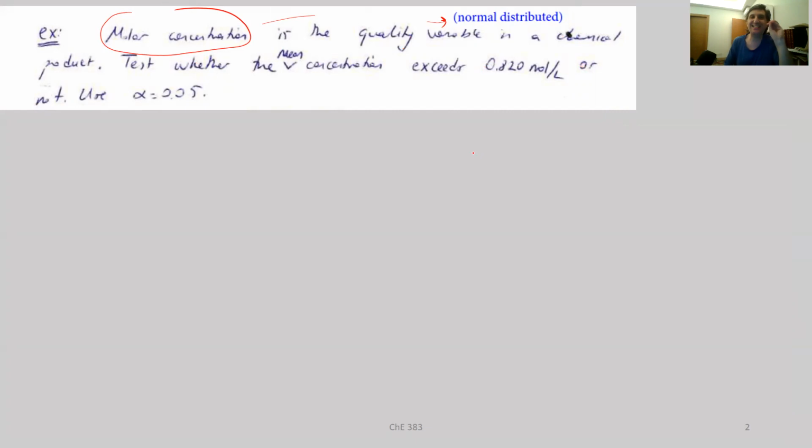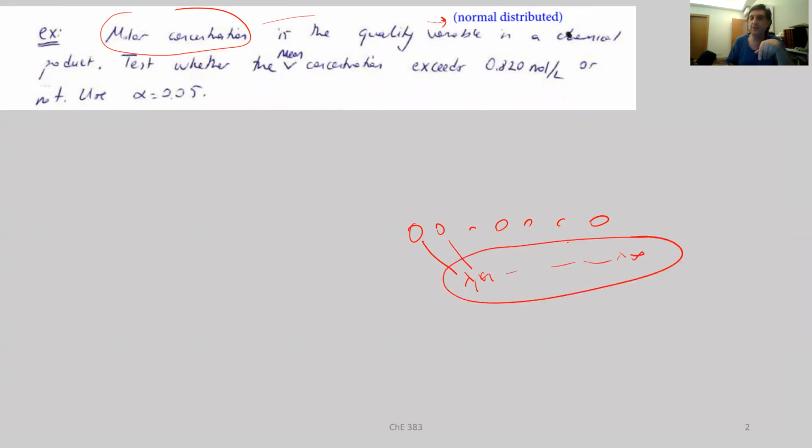What we would like to test is whether the population mean concentration of all the products that we produce exceeds 0.020 moles or not. And we would like to test this hypothesis at a significance level of 0.05.